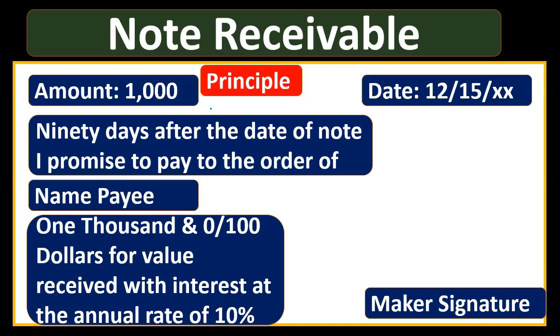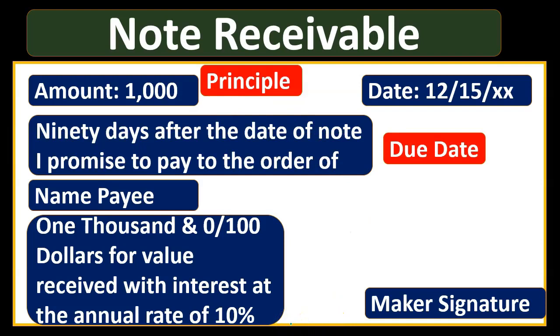So if the customer purchased something for $1,000, the sticker price of what they purchased was $1,000, and they didn't give us money, they gave us a note, this note receivable, and therefore the principal of this note receivable is the $1,000. We're going to get more than that because we loaned them that money. We in essence rented them the money, and therefore are going to also generate interest. So the final payment we will receive can be thought of as having two components: one, a principal component, and two, an interest component.